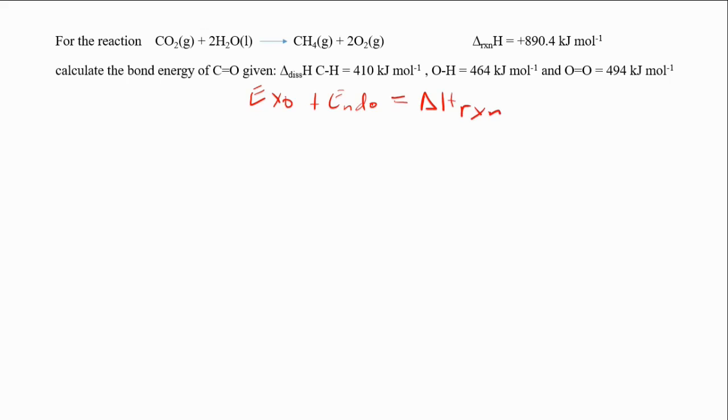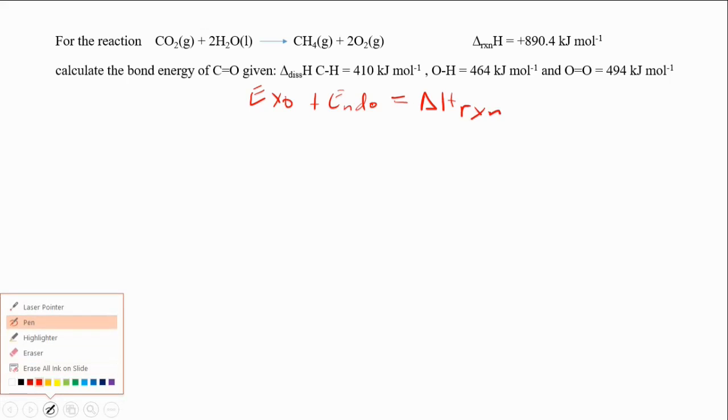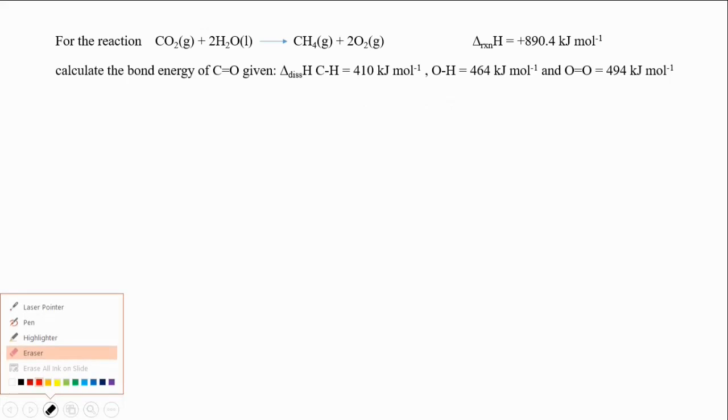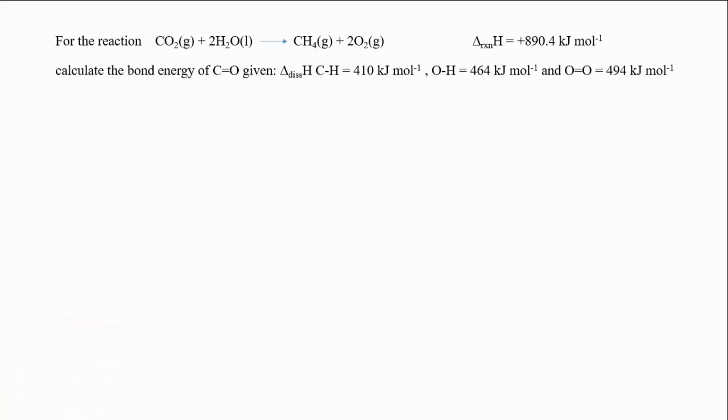Okay, now let's do some calculations. Let me erase this so that we can have a little more space. One of the first things you want to do is to see the number of bonds in all of the reactants and products.